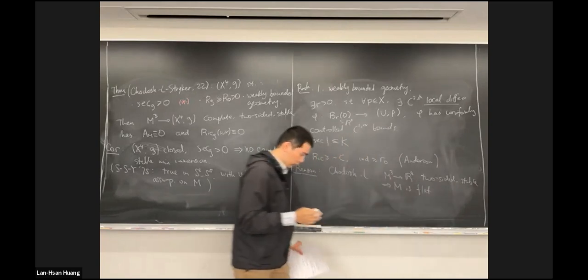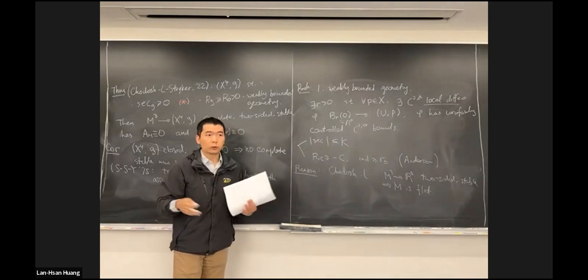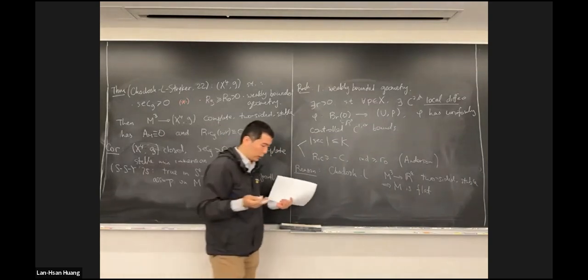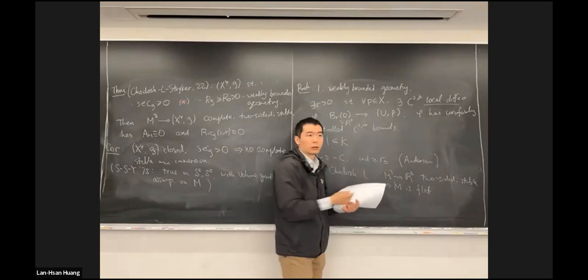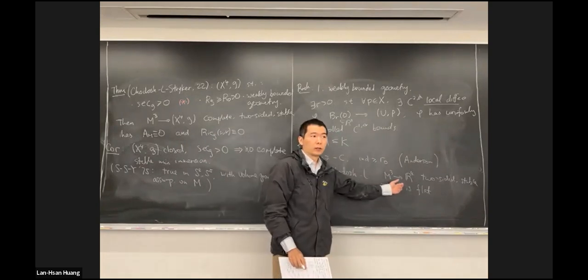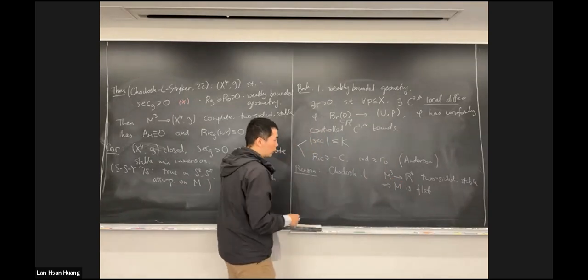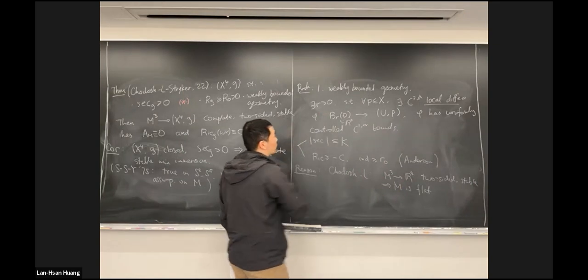So once you know a stable Bernstein theorem in Euclidean space, ideally, well, heuristically, you know curvature estimates for stable minimal immersions in any 4-manifolds, right? But that's the heuristic. In order to make the argument work, one needs a weakly bounded geometry.